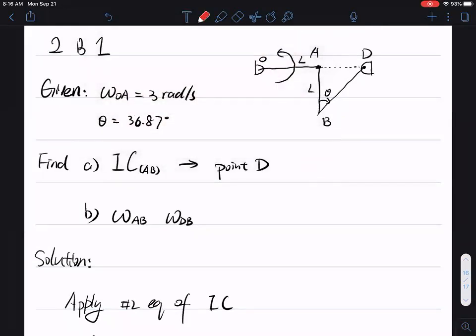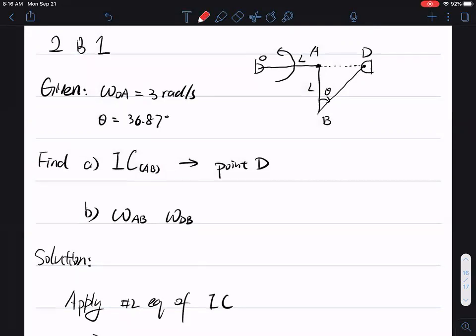Oh, that needs you to apply trigonometry, right? If this distance is X, we know the angle, we know one side, we can use tangent theta equals the opposite divided by adjacent.